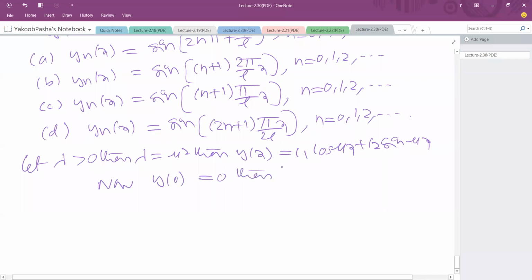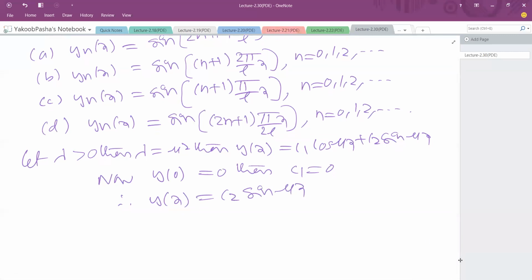Here y of 0 means c1 cos 0, which is 1, plus c2 sin 0, which is 0, equal to 0, means c1 equal to 0. Therefore y of x is equal to c2 sin mu x. Now apply the second boundary condition, y dash of L. So we need y dash of x, which is c2 mu cos mu x.